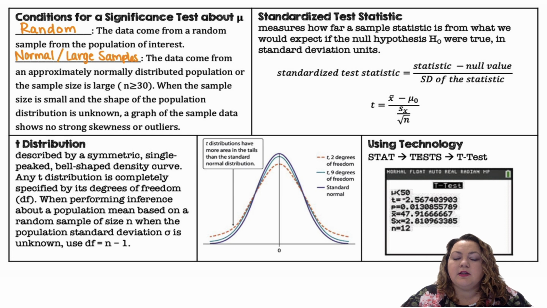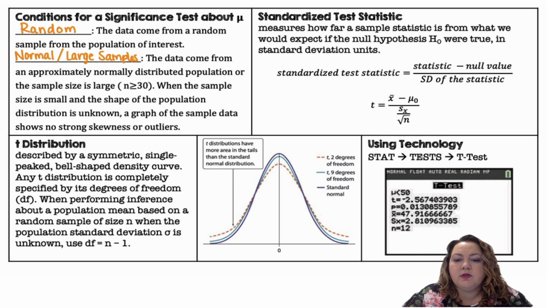So it is just like a z-score, which tells you how many standard deviations you are from the mean. The standardized test statistic tells you how many standard deviations we are from what we would expect if the null hypothesis were true. And when we're working with means, it's going to be a t as our test statistic.